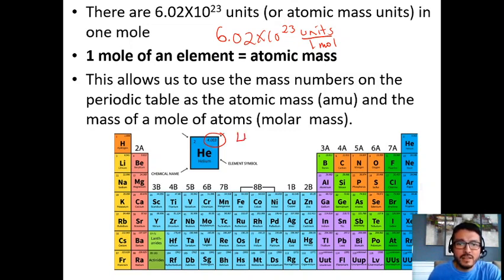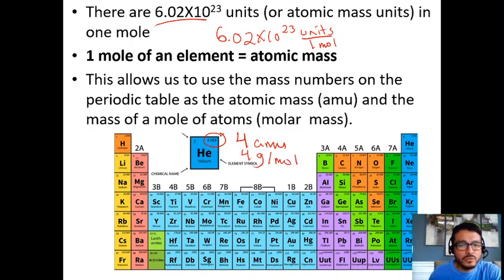Now we've usually seen that as 4 atomic mass units. Turns out that if we have this many atoms of helium, it will weigh 4 grams. Isn't that great? 4 grams for every 1 mole of helium.